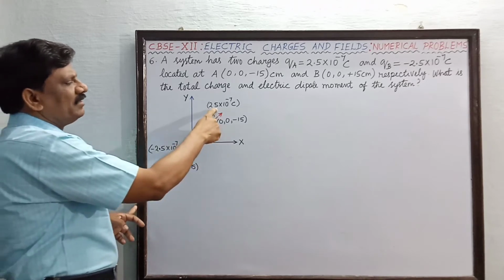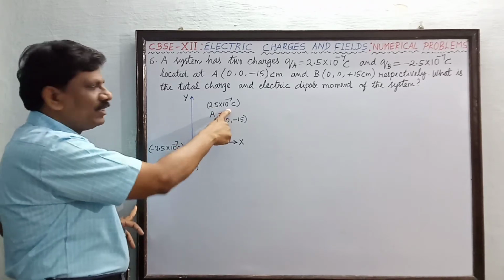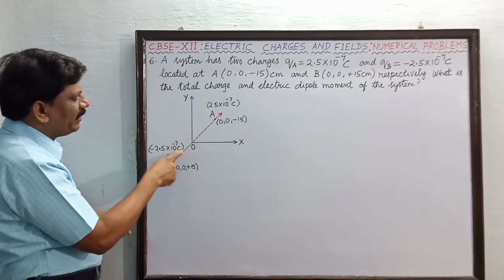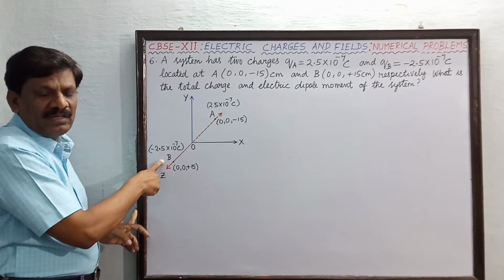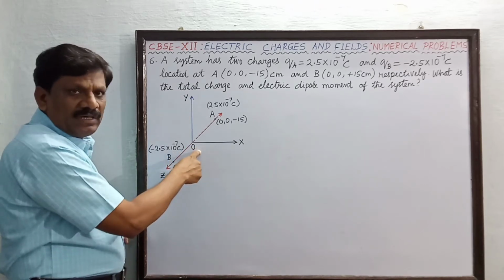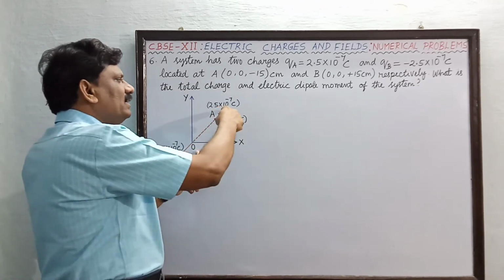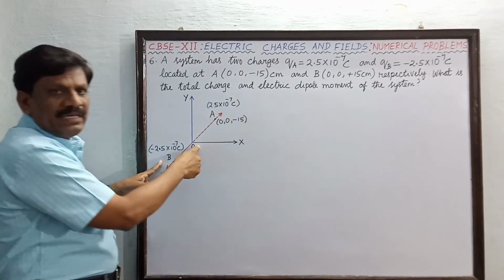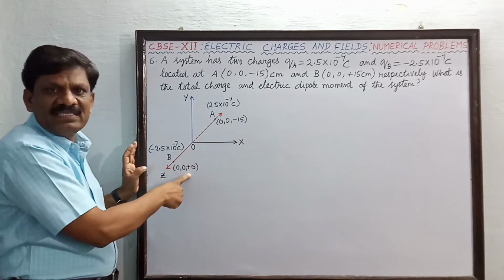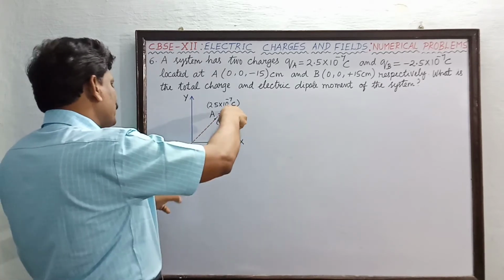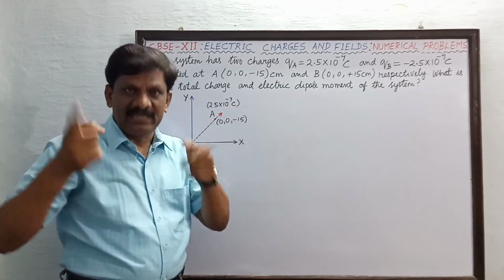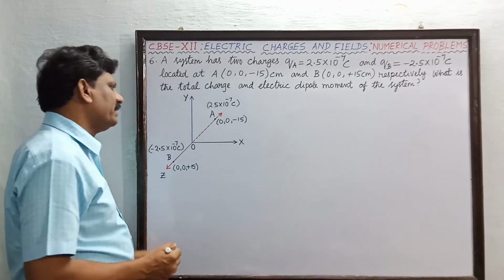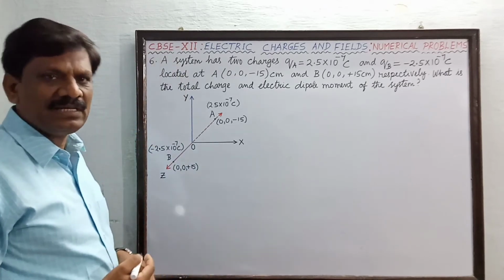So a charge of 2.5 into 10 power minus 7 coulomb is located at A, and a charge of minus 2.5 into 10 power minus 7 coulomb is located at B. From the origin, the distance of A is 15 centimeter, and the distance of B from the origin is also 15 centimeter. Therefore, what is the total distance between the 2 points A and B? It is 15 plus 15, 30 centimeter. Is it not?